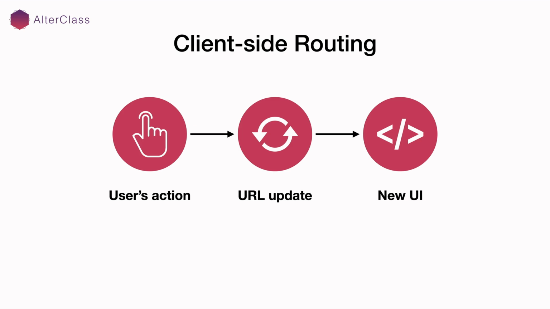It is important to note that the whole page won't refresh when using client-side routing. Instead, there are just some elements inside the application that will change. This makes routing between views much faster than with server-side routing because there is no extra back and forth between the browser and the server.